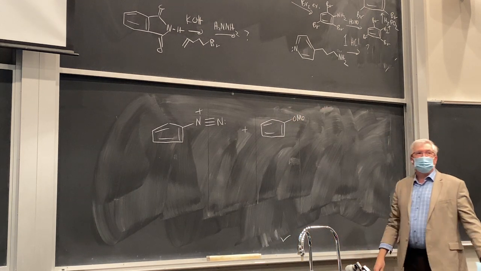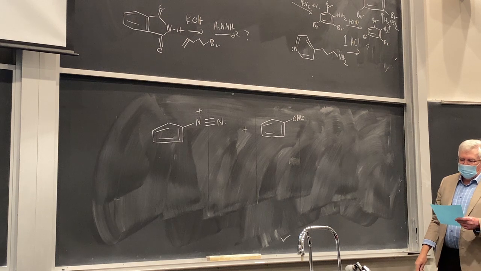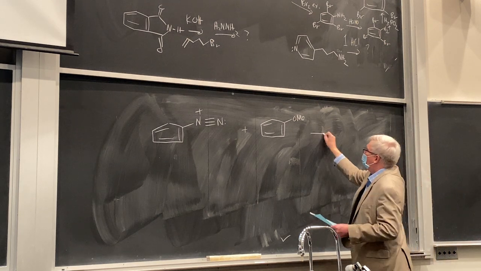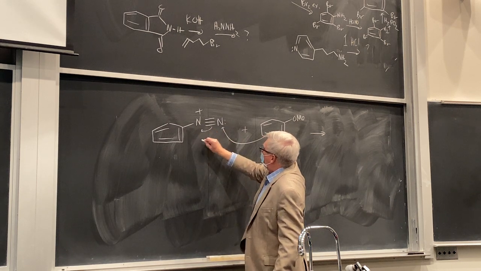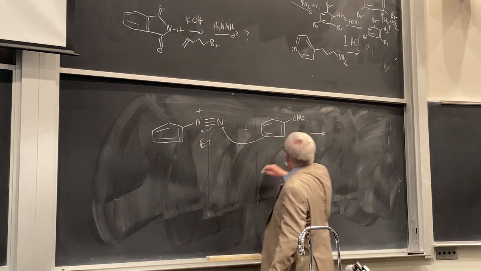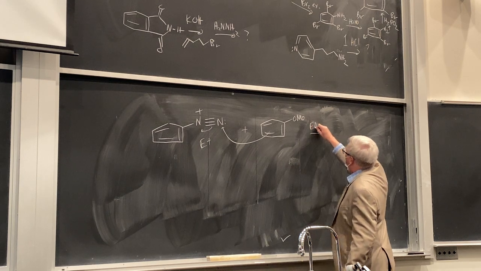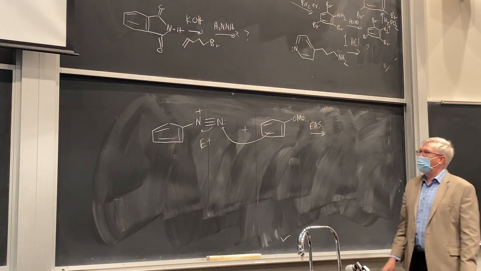So these are strong enough electrophiles that just on their own, what are we going to do here? Well, we can have these electrons come out and flow in here. Here's our new electrophile for an electrophilic aromatic substitution reaction, okay?